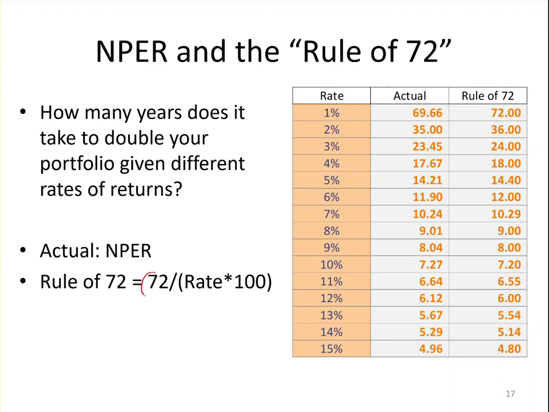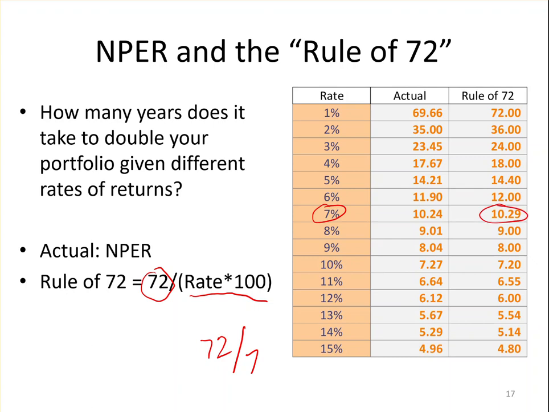If you take the number 72 and divide by the rate times 100, so if it's 7%, 0.07 times 100 would be equal to 7. So if you're earning 7%, you take 72 divided by 7, which is going to be 10.29 years.